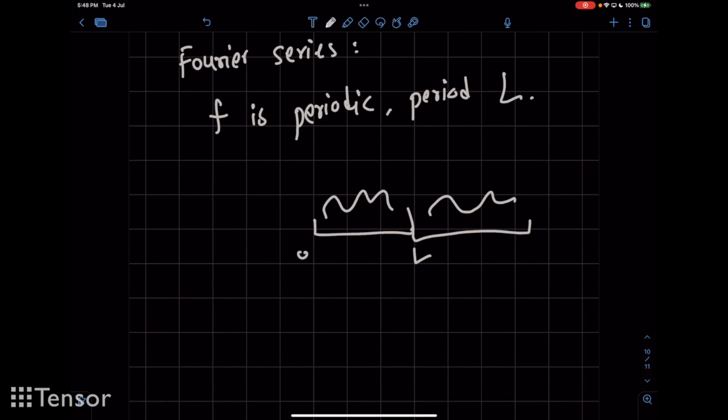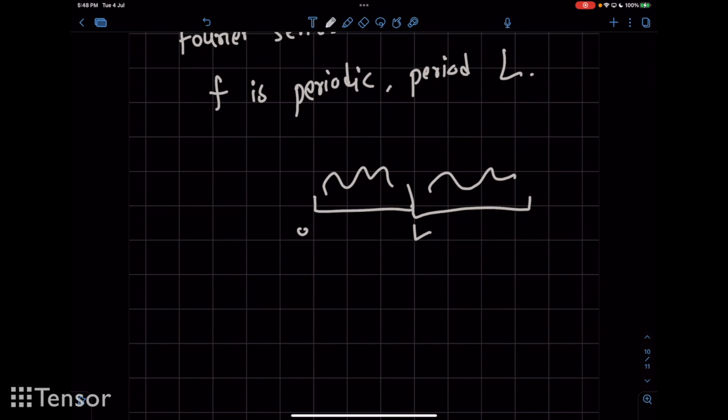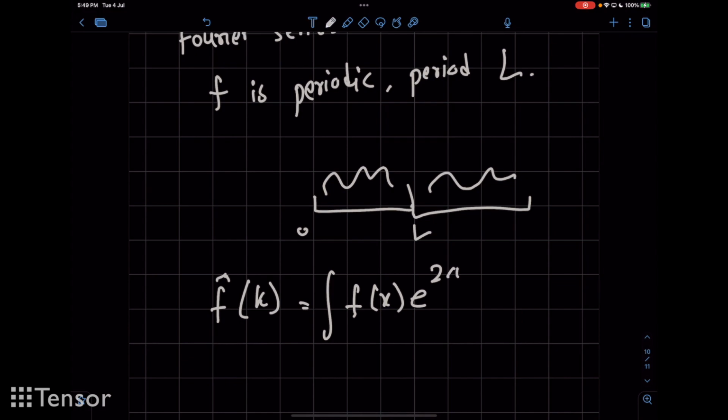And the Fourier transform of this function f, which is not absolutely integrable, is defined like this. f hat of k is defined as the integral of f of x e to the power 2 pi i kx dx, and the integral is now from 0 to L because the function is L periodic. That's all.